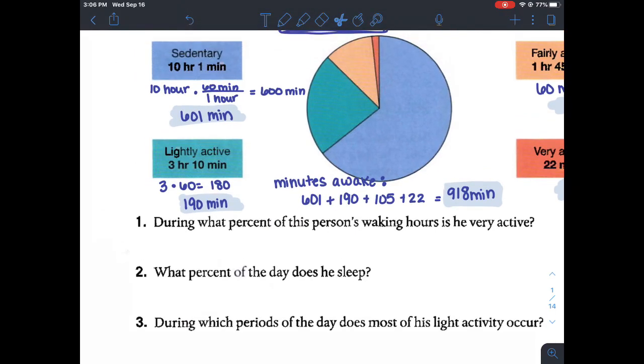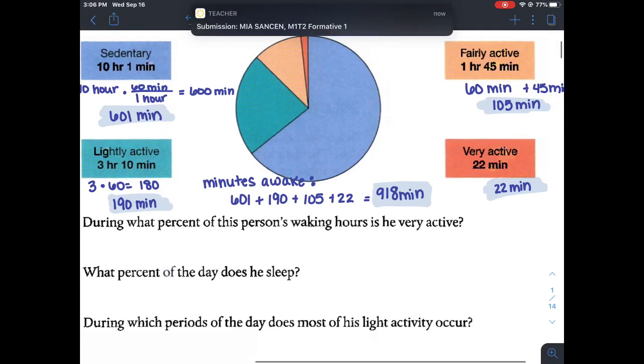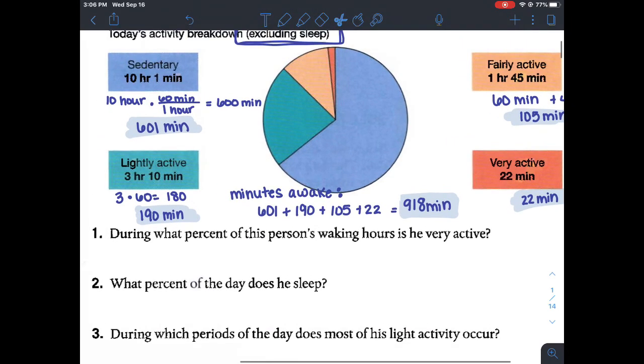If you notice up here, I broke down all of these hours and minutes into just straight minutes. I multiplied all of the hours by 60 to convert it to minutes, and then I added in the 1 minute, the 10 minutes, the 45 minutes, 22 minutes.